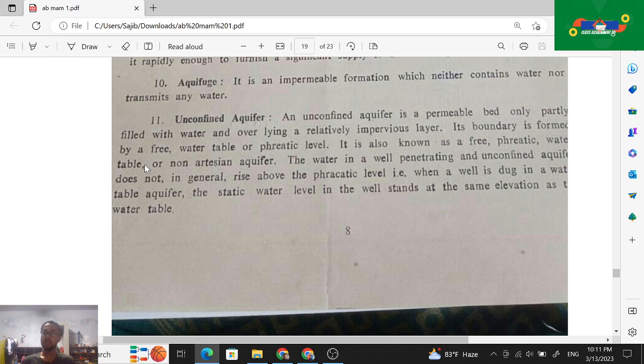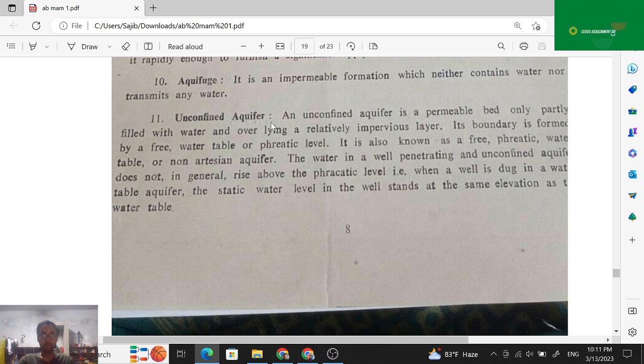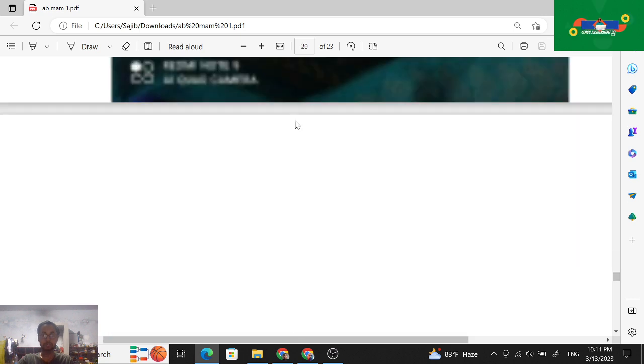The water in a well penetrating an unconfined aquifer does not in general rise above the phreatic level. When a well is dug in a water table aquifer, the static water level in the well stands at the same elevation as the water table. So this is the unconfined aquifer.